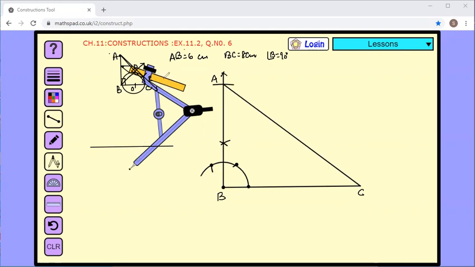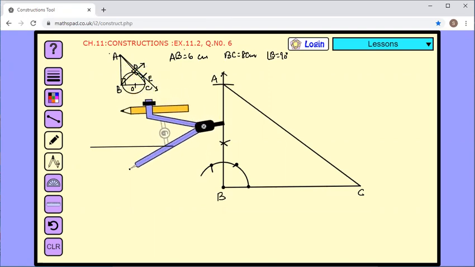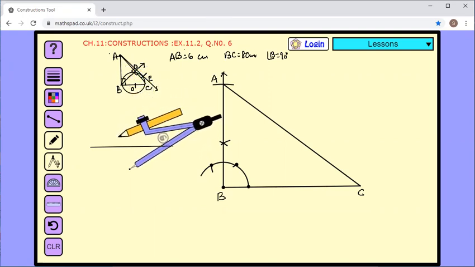And then just open this compass such that it just crosses this line.